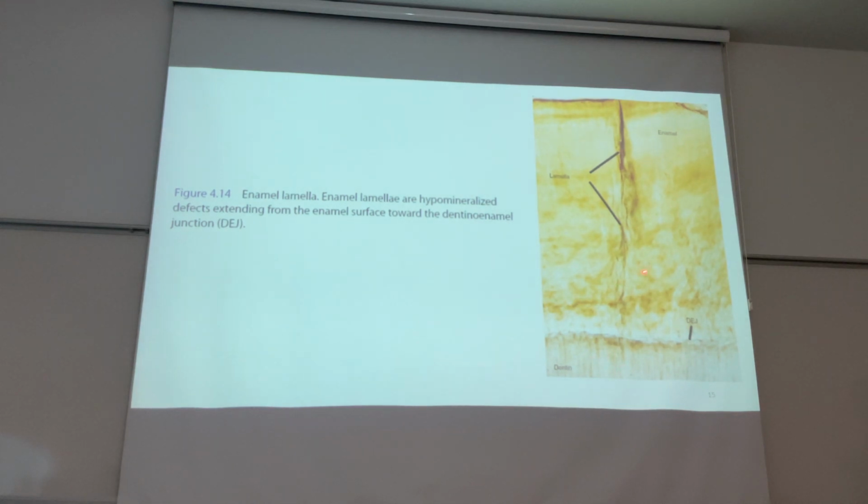Here is our dentin, and here is our enamel. And you can see this lamella. This lamella formed because of the low amount of mineralization in this side. Okay? Here we don't have high mineralization, and because of that you can see lines like this in the surface of enamel. Okay?